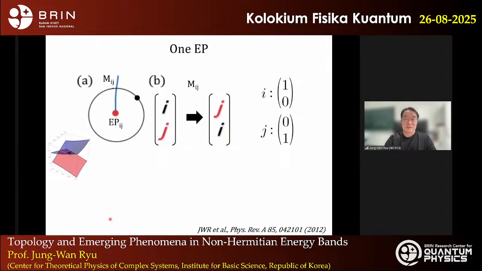This is the exceptional point for the ij states. This is the i state, this is the j state, and this is the branch cut. When we cross this branch cut, they exchange. Blue changes to red, and red changes to blue, when they cross this branch cut. So this is the operation matrix Mij. Our system parameter changes along this line.